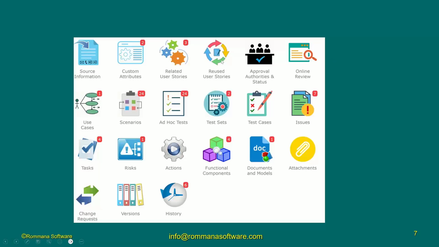We all are familiar with the concept of reuse in user stories. Some user stories are or can be reused within other user stories. So here, if I click on this, it will show me the list of other user stories that have been reused within this user story.